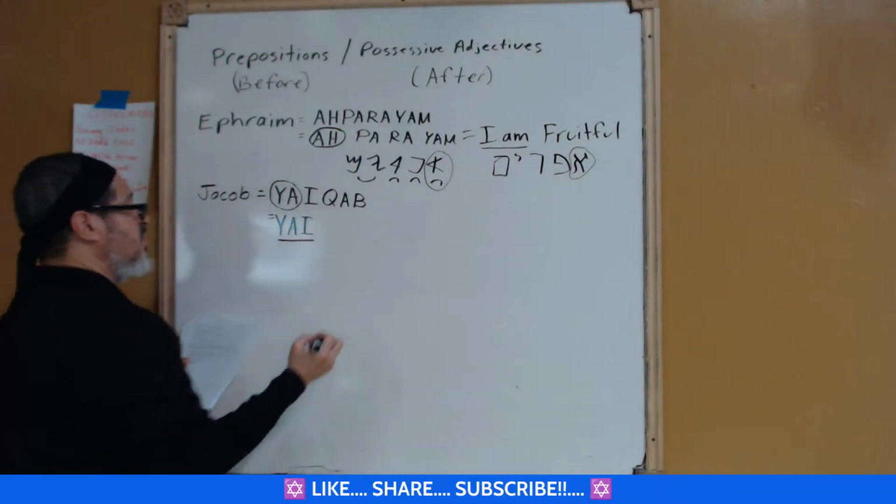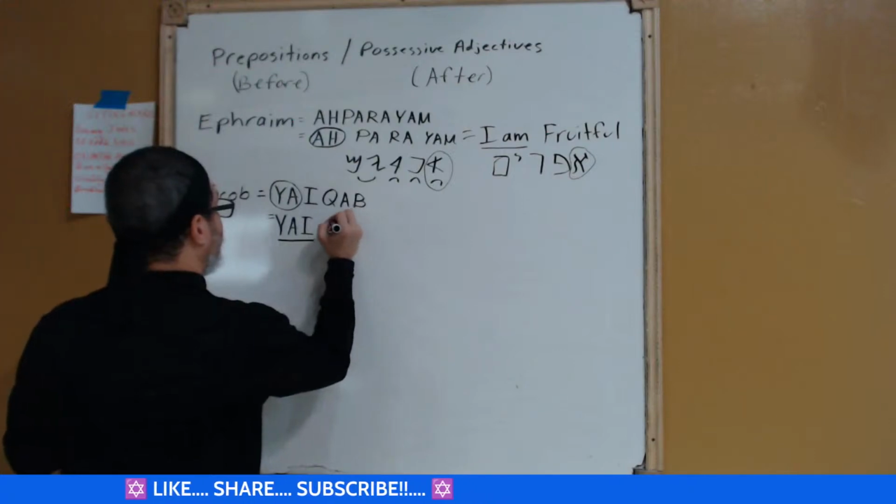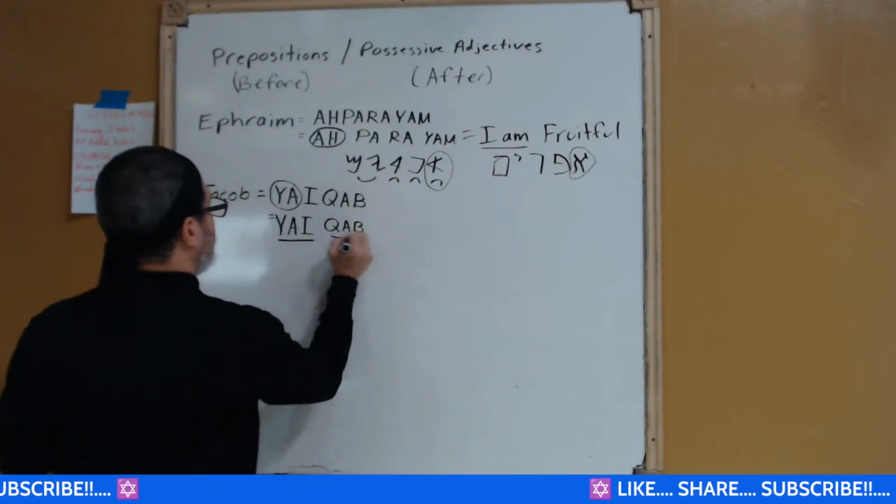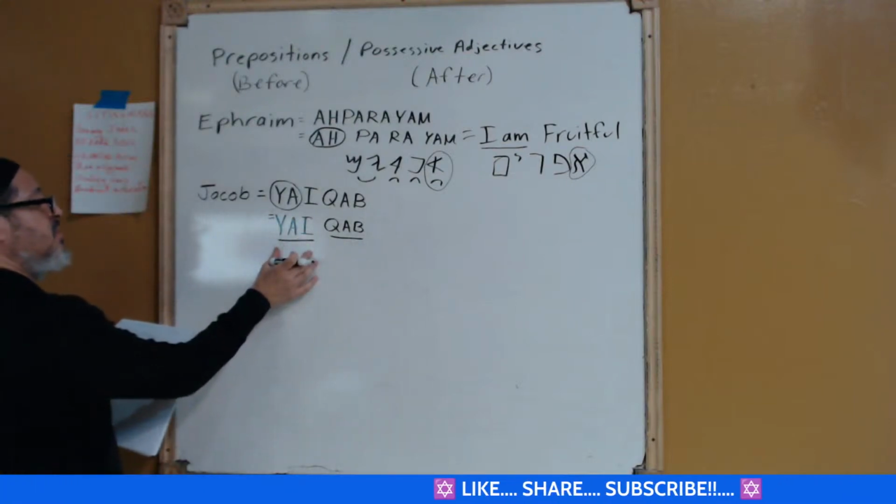I'm going to show you the connector on that. It's actually pronounced Yai Quab. So that's like connected.